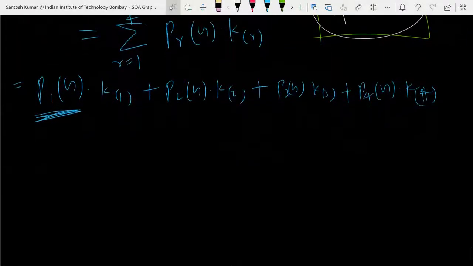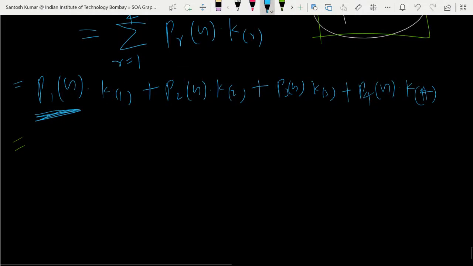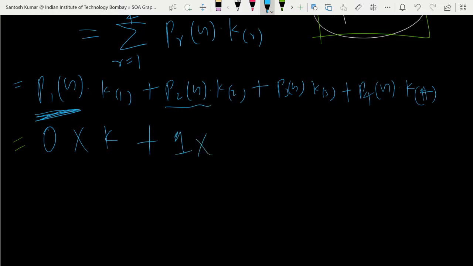So P1 I get as 0, into K1, you know it's K. P2 I got 1, and K2, you know, is K into K minus 1. K_r, now you know, is K minus 1, K minus 2, r terms. So K2 means 2 terms, K into K minus 1. P3G it was 2, and K3 means K, K minus 1, K minus 2.